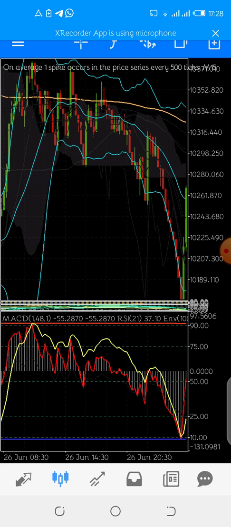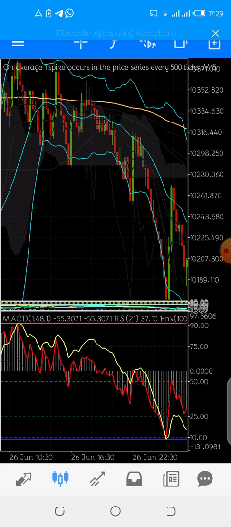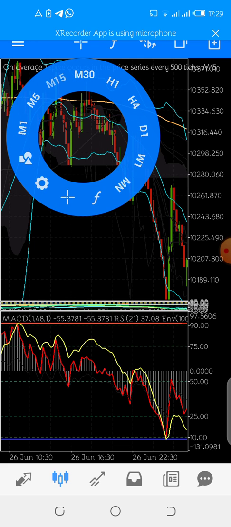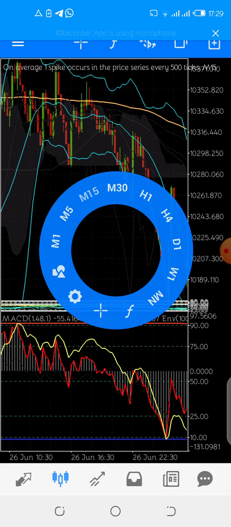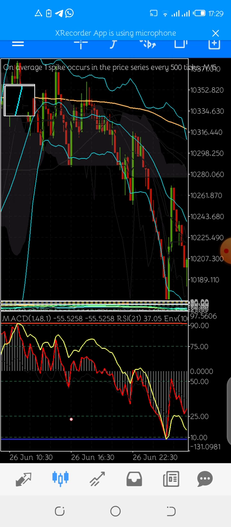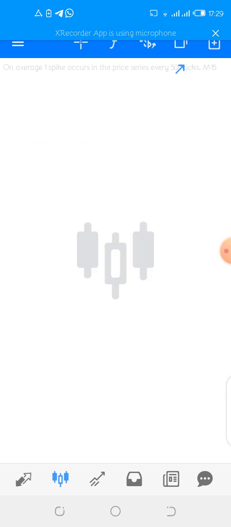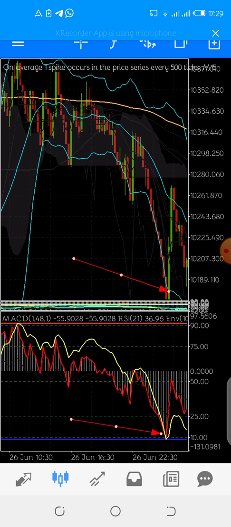We get a signal when the MACD and moving average 5 touch level 10, and after touching level 10, on the main window the chart must have come out of the Bollinger Band.